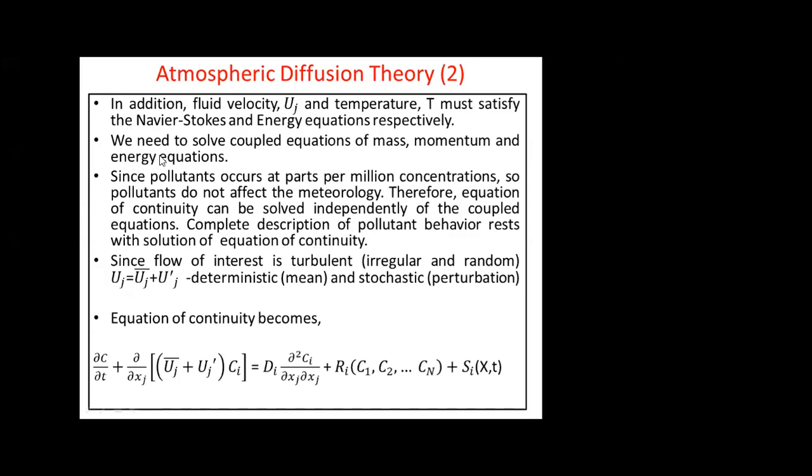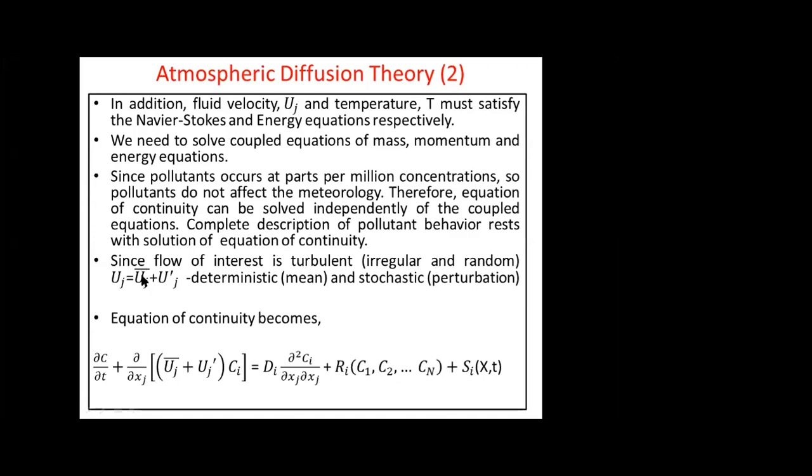But things are not so rosy here. The flow of interest is turbulent. Our atmosphere is turbulent, not laminar. Turbulent, in simple words, means irregular and random. So we apply stochastic analysis, and we decompose the fluid velocity into two parts.